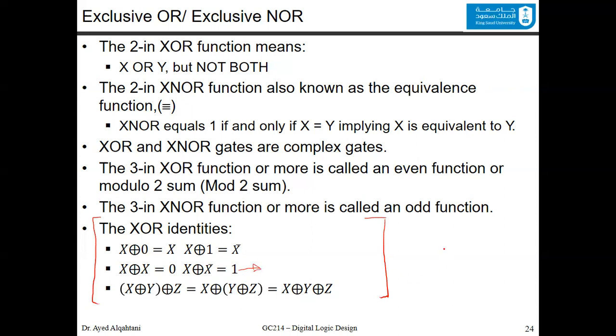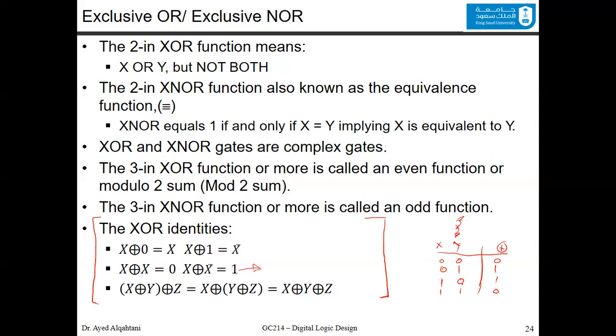The truth table of the XOR, if you remember, this is the X and Y, 0, 1, 0, 1, 0, 0, 1, 1. And the XOR will be, if they match, it's going to be 0. If they differ, then they are 1. So if you take X and its opposite, let's say that the Y here is equal to X bar. So if you take X and its opposite, 1, then the result is going to be 1.